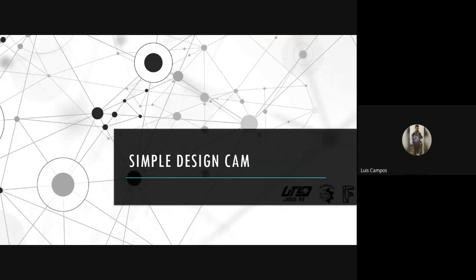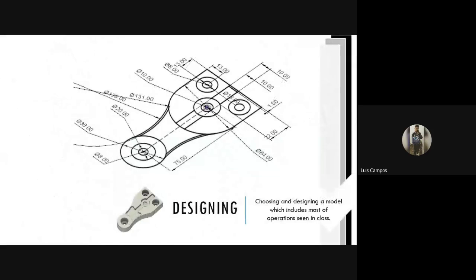So let's get started. The name is Simple Design Camp, and in this work I put into practice some of the learnings I got in class using Fusion 360, both designing and manufacturing by milling. In the first slide we have the designing process.